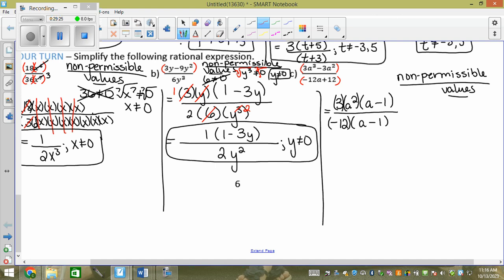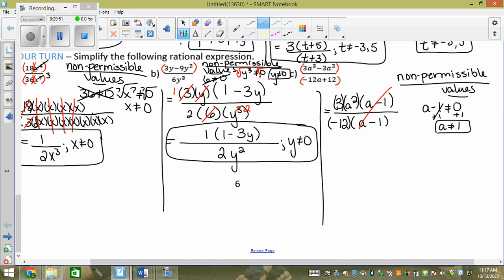Does a number in a bracket get me an NPV? Do I have to keep writing negative 12 can't equal 0 and that's a statement? Do I have to keep doing that? No. We've proven that every single time there's not a variable in that bracket, it doesn't get an NPV. So it's just the a minus 1 can't equal 0 that has to be done. Add 1. A can't equal 1. Then these cancel because they're exact twins and they're binomials.